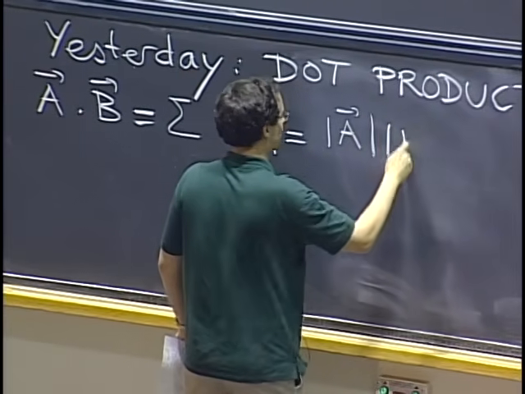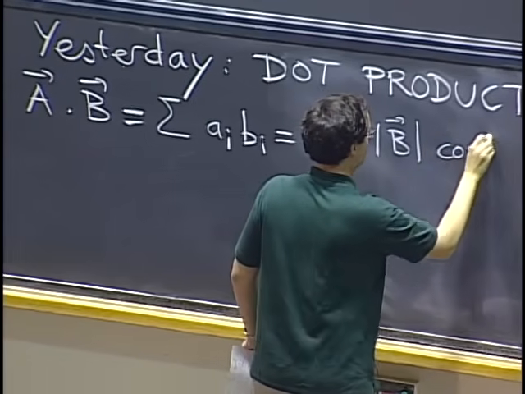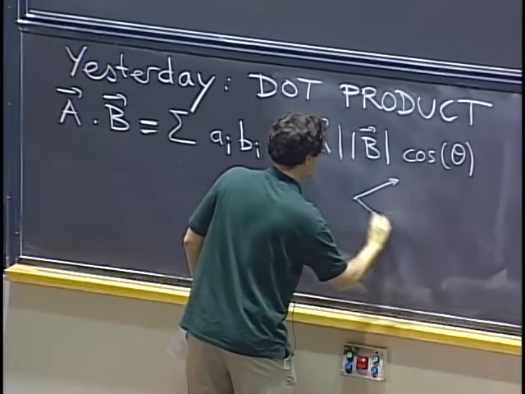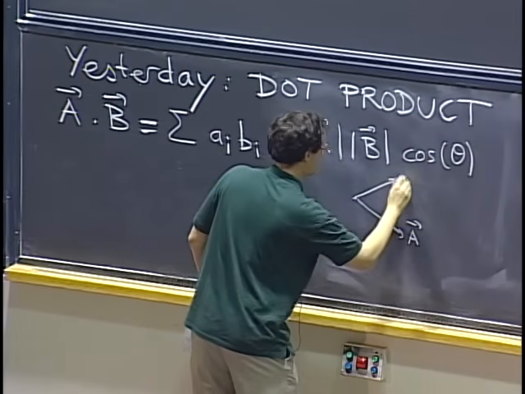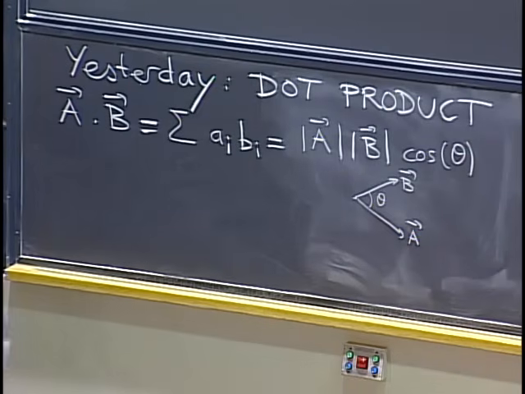And the geometric interpretation of that is that you can also take the length of A, take the length of B, multiply them, and multiply that by the cosine of the angle between the two vectors. So we've seen several applications of that.